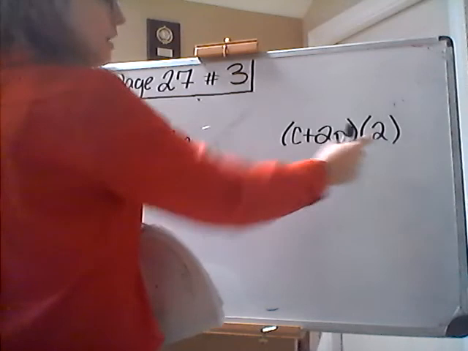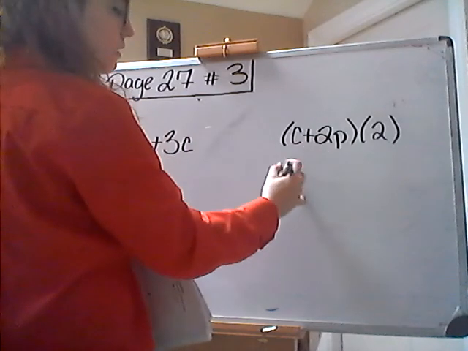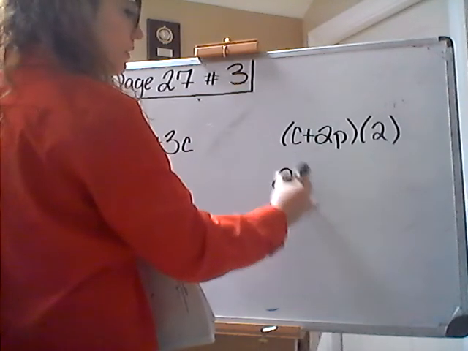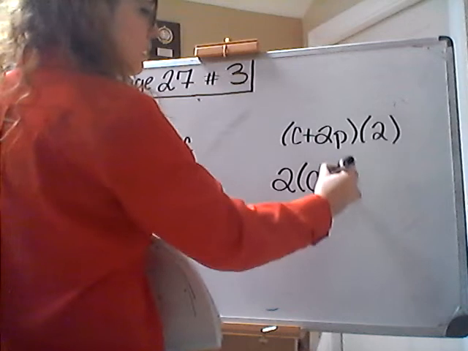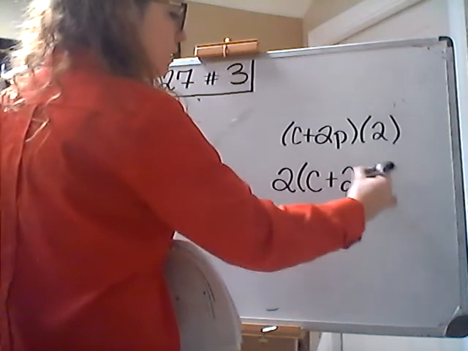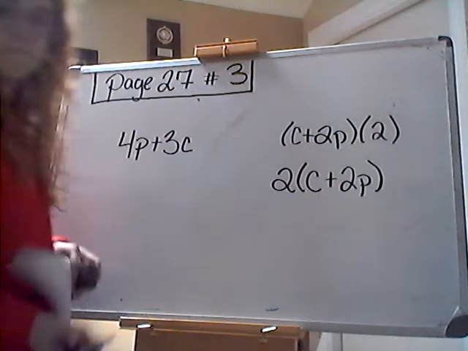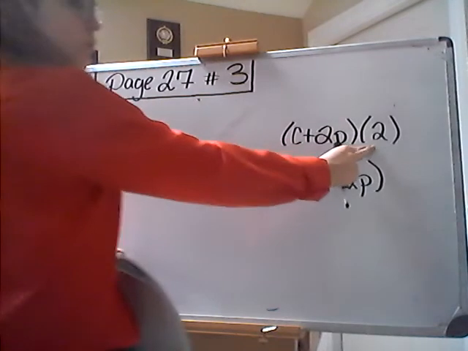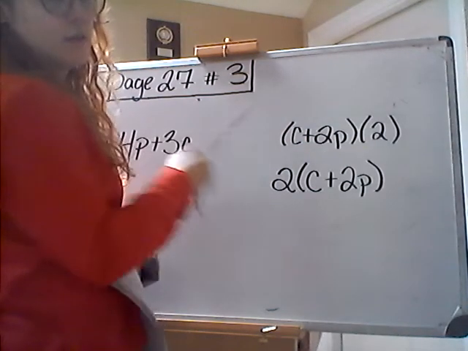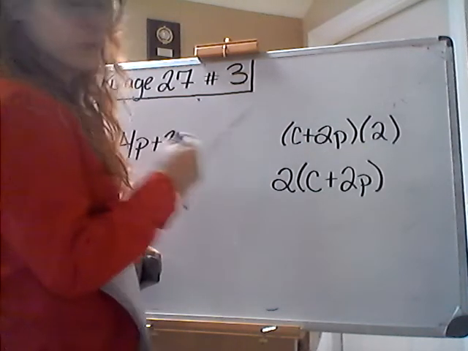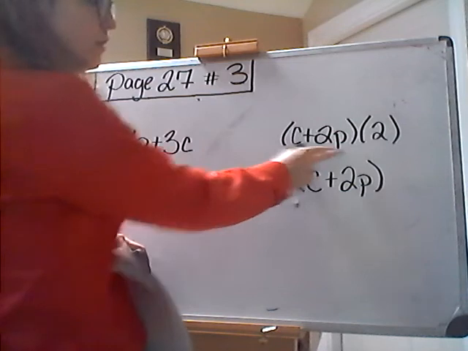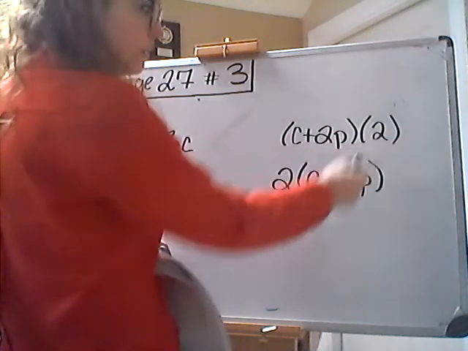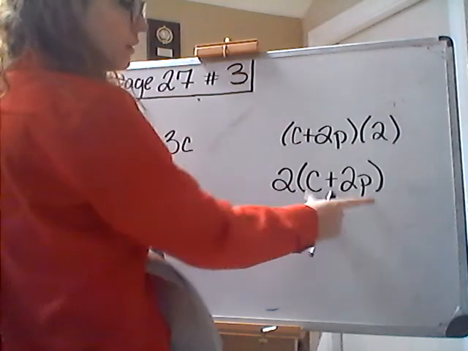C plus 2p times 2, I'm going to write that a bit easier way. It's the same as saying 2 times c plus 2p. You can move the times 2 to the front. That's the commutative property of multiplication. You can multiply in whatever order you want. You can do this group times this group, or flip it around so it's the 2 first and then that group.